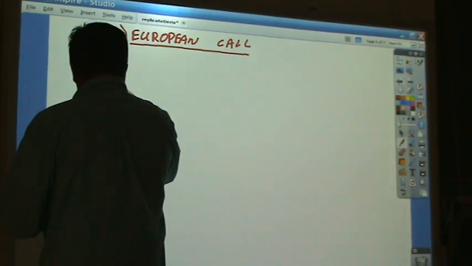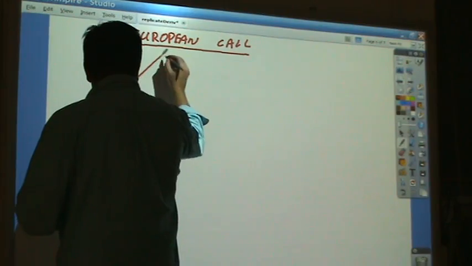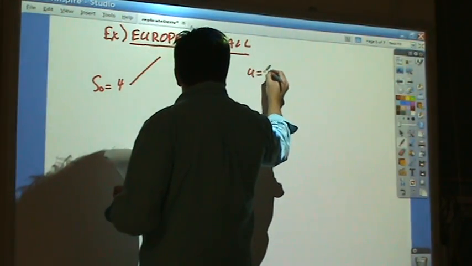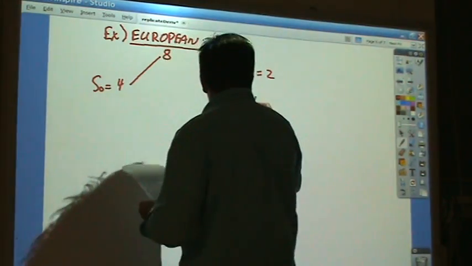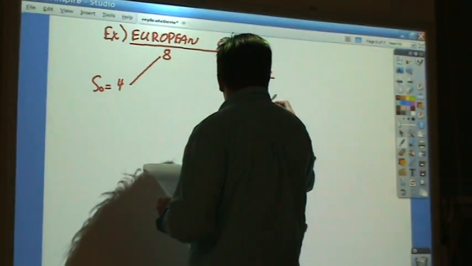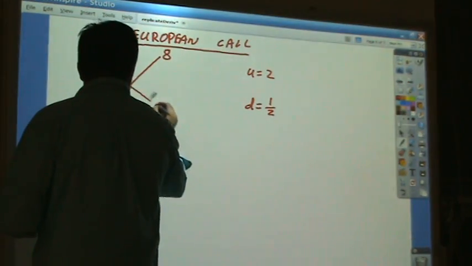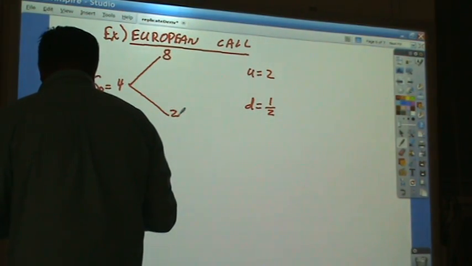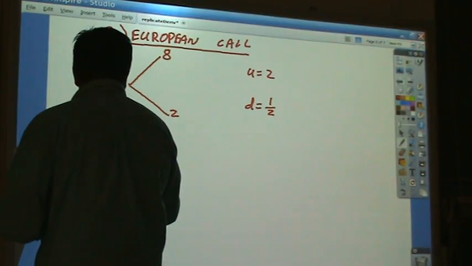S0 equals $4. And if you go up, U is going to be equal to a factor of 2, so it can go up to $8, and D is going to be equal to a factor of a half, just like we did before, so it could go down to $2. And we're going to look at a European call with a strike price of $5.